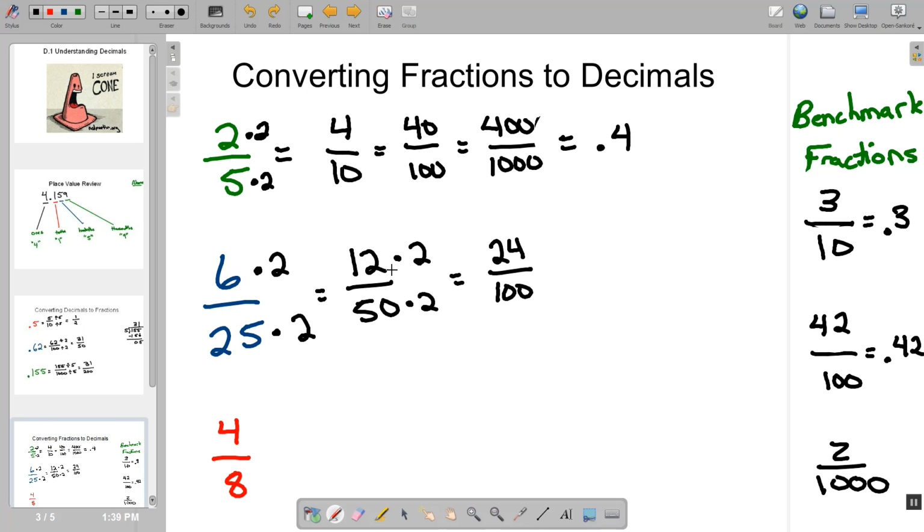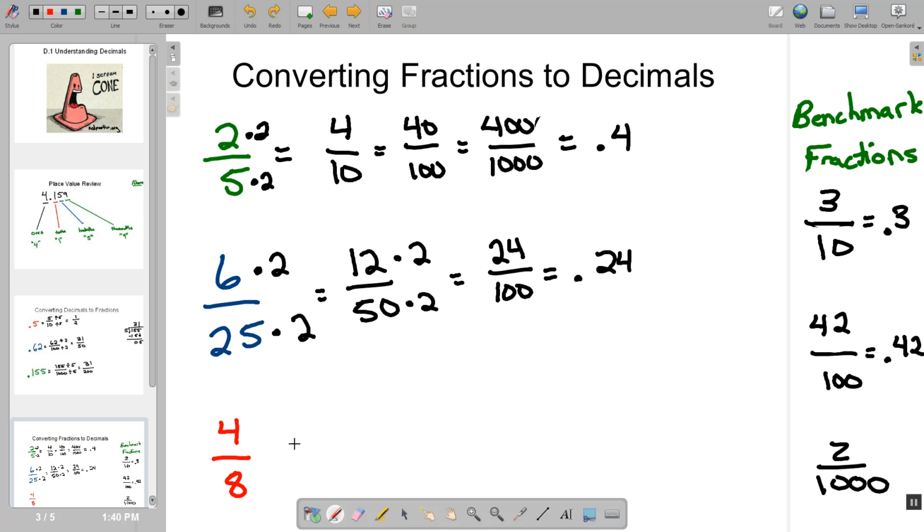Now, I'm hoping some of you saw that and thought, well, if I think about quarters, 25 cents times 4 would be $1. 25 times 4 would give me 100 right away. That is also correct, and it doesn't matter how many steps you take. So in this case, 24 hundredths is the same thing as 6/25.